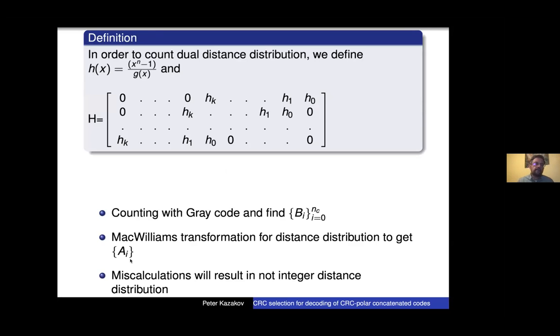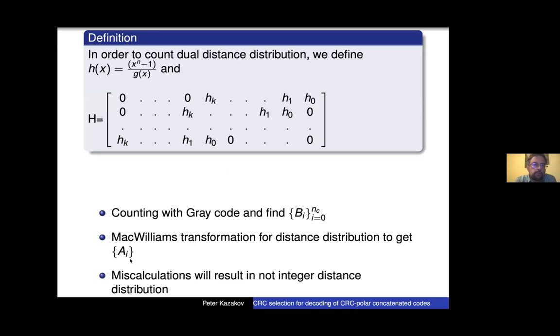We can define h of x in this way, and then we have the matrix H. Matrix H is the generator matrix for the dual code, and it has only p rows.